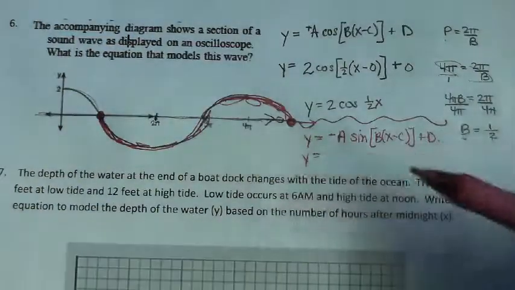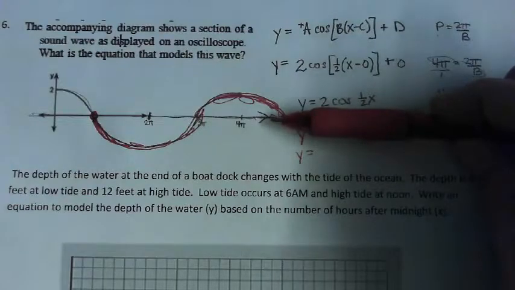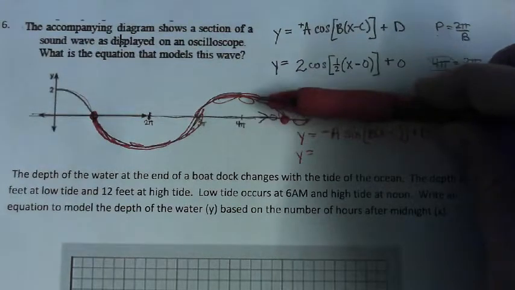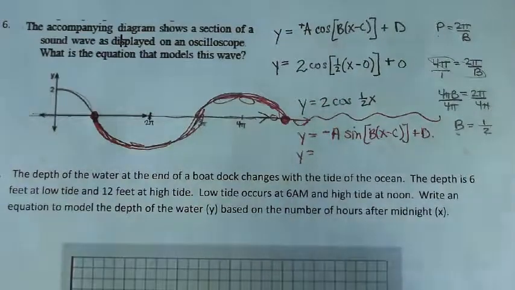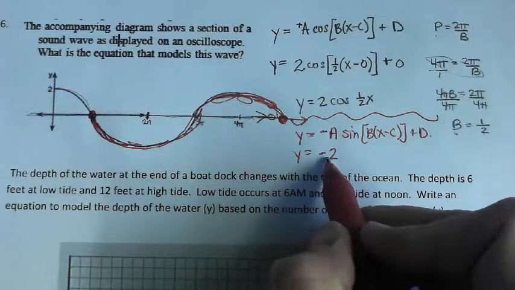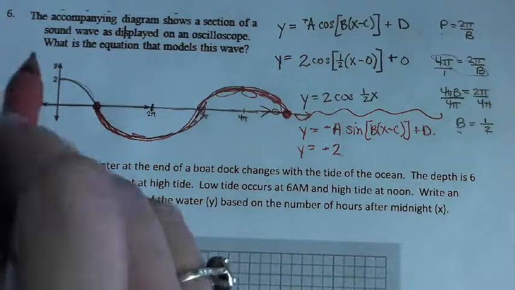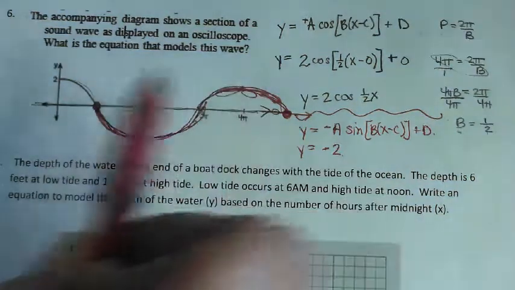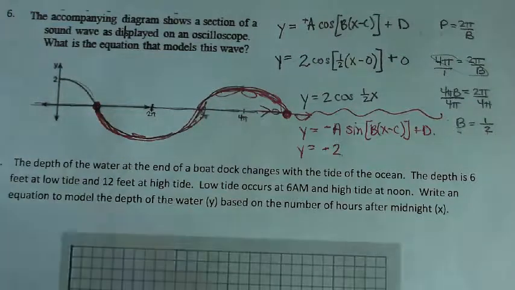Well, let's start with the midline. Is my midline still at 0? Yes. It's going up 2 from that and down 2 from that. So my amplitude did not change. It's a negative a value, negative 2, but that's because I'm looking at this now as a negative sine curve as opposed to the positive cosine that I initially had.